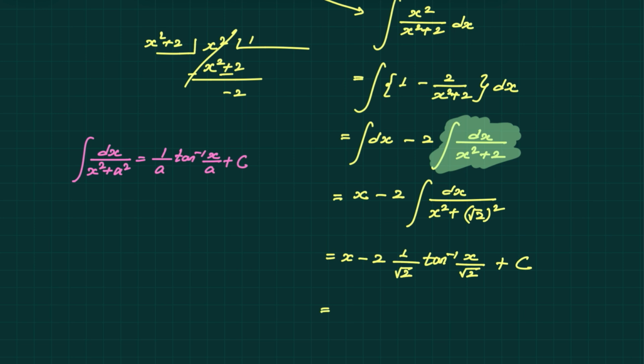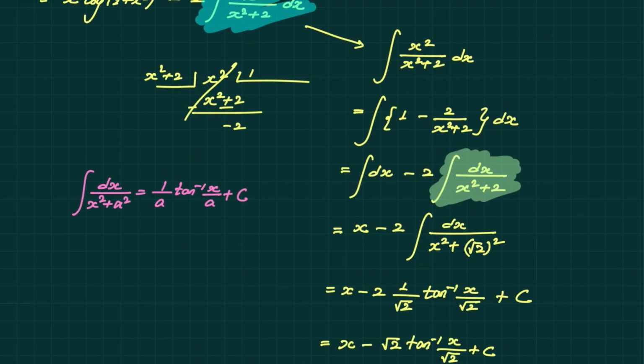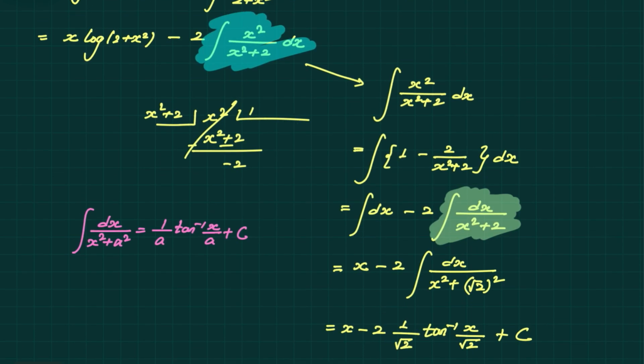So here, rationalizing the 2 over root 2, we will have root 2 tan inverse of x over root 2 plus c. So let us put back the value in our main question.